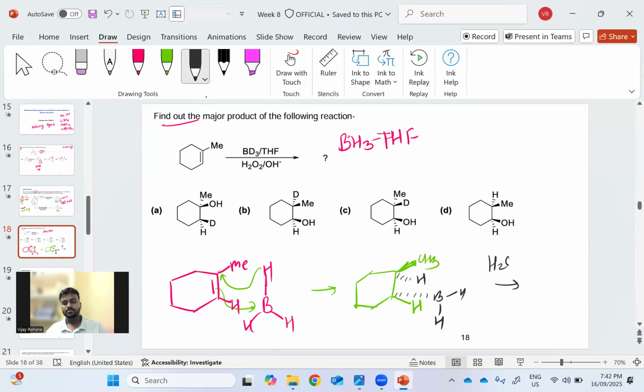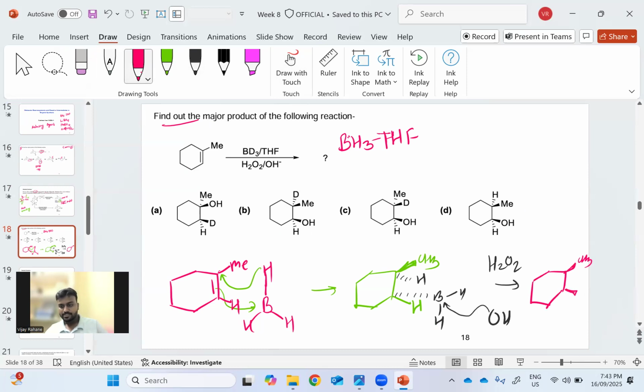Now we have added the H2O2. Once this H2O2 is added, the OH negative attacks initially here, which forms the OH complex, and further the entire group will be replaced by the hydroxy group. So here we'll get the product in which this CH3 will be upside.